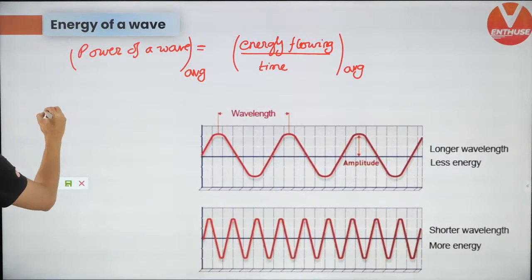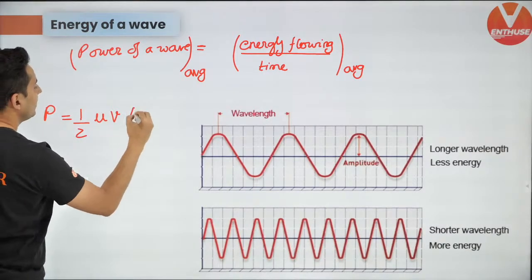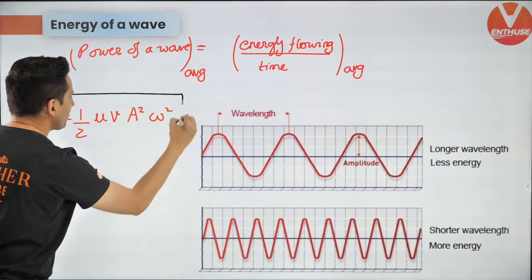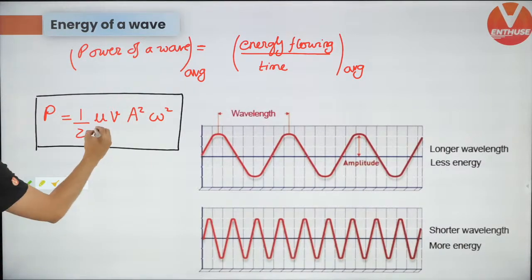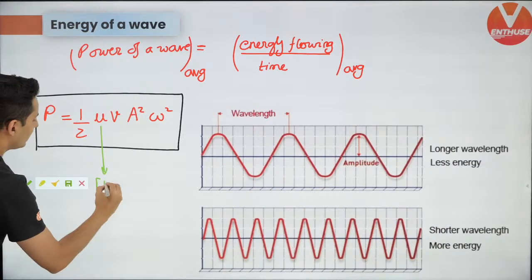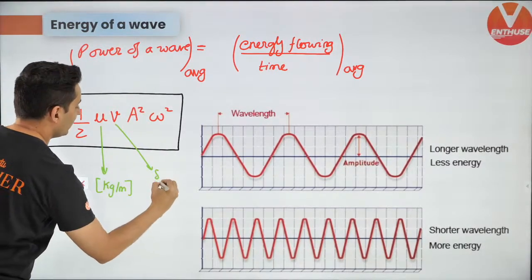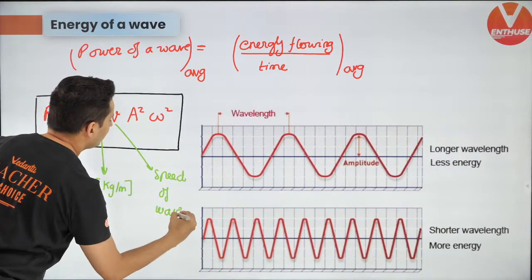So average flow of energy, which is the average power. Let's see what's the formula. The formula is half mu v a square omega square. Keep this in mind. Half mu v a square omega square, all standard terms. Mu is basically kg per meter, mass per unit length. This v is speed of the wave, standard formula.